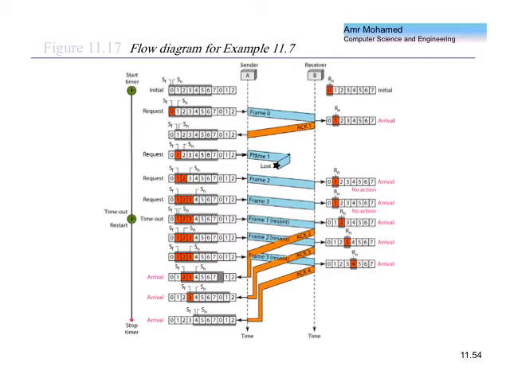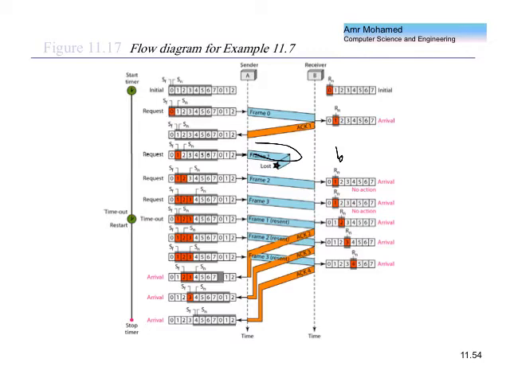This is a disadvantage in go back N. So even though we have gained the fact that the channel utilization has been enhanced drastically, because we keep sending frames without waiting for acknowledgement, if only one frame is lost, remember that the receiver here is expecting, for example, frame 1. So Rn here is pointing to frame 1. This frame has been lost.